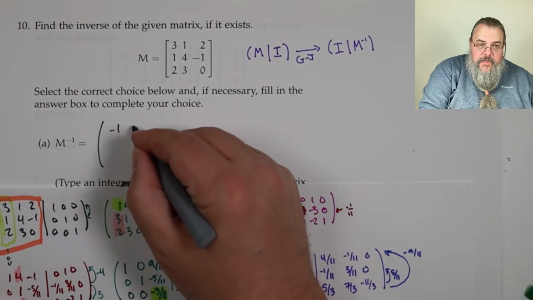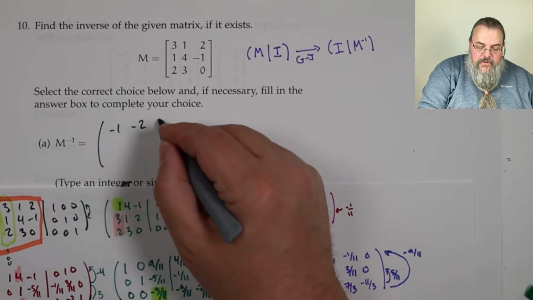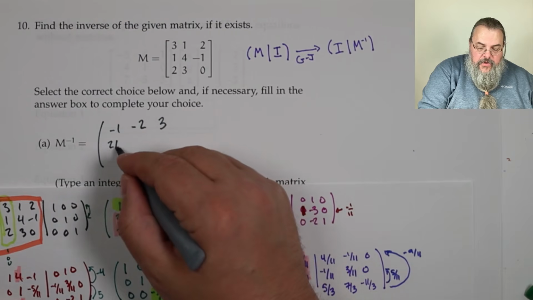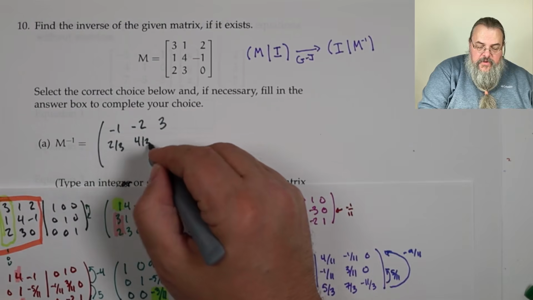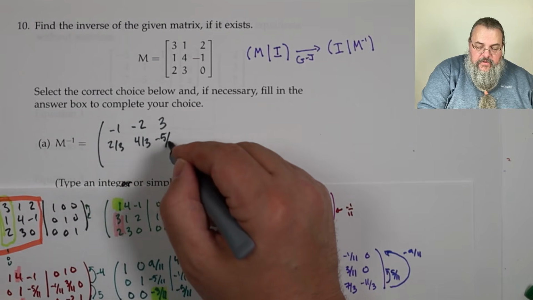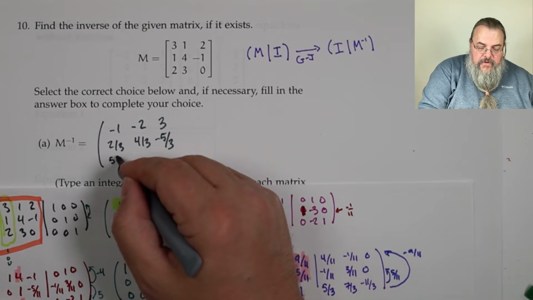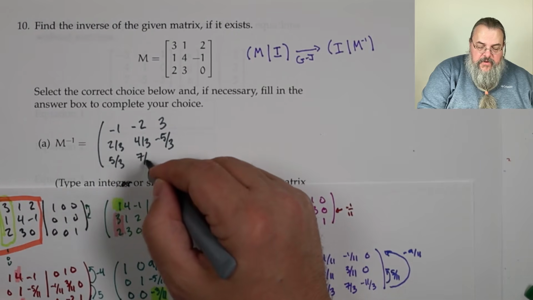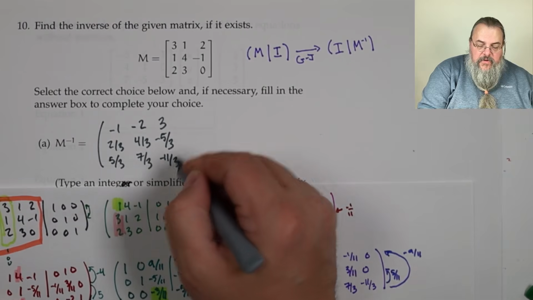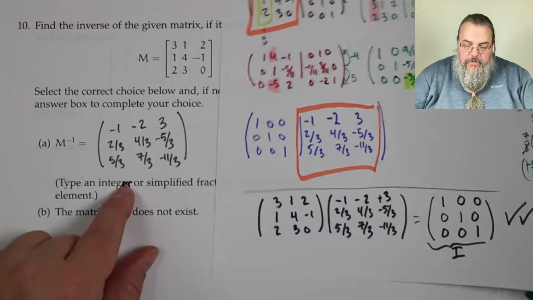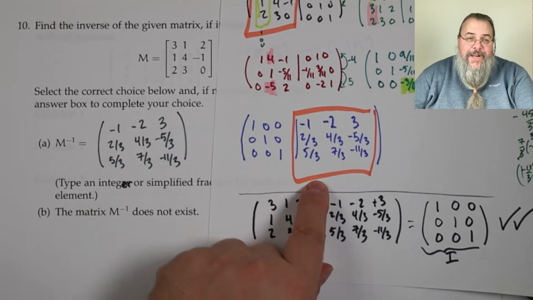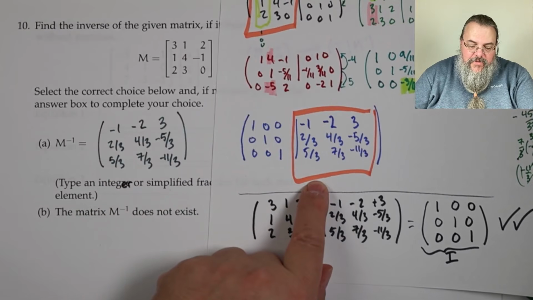So minus 1, minus 2, 3, 2 thirds, 4 thirds, minus 5 thirds, 5 thirds, 7 thirds, minus 11 thirds. All right, just double check. Make sure you copy it correctly, and all the pieces are there.